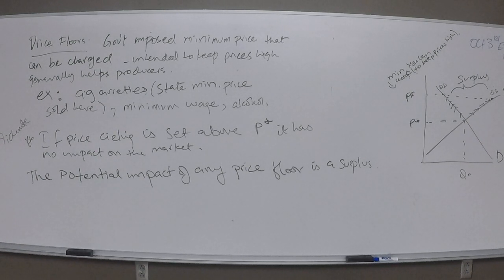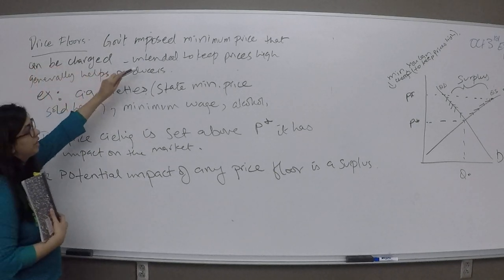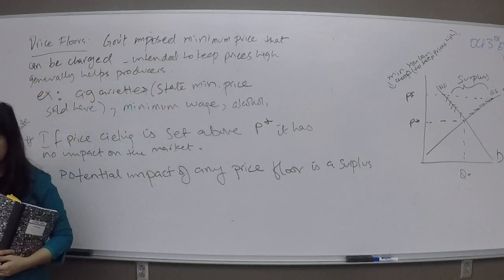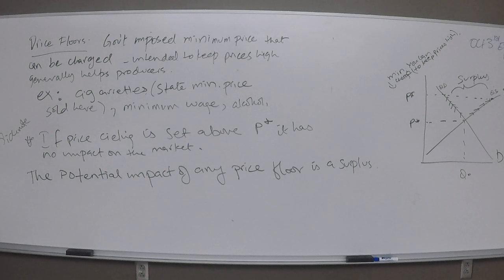Price floor is called price floor because it's the minimum price that can be charged. A way to remember is the floor is the bottom part or the minimum part, and that's why floor is minimum, and ceiling is the highest you can charge.